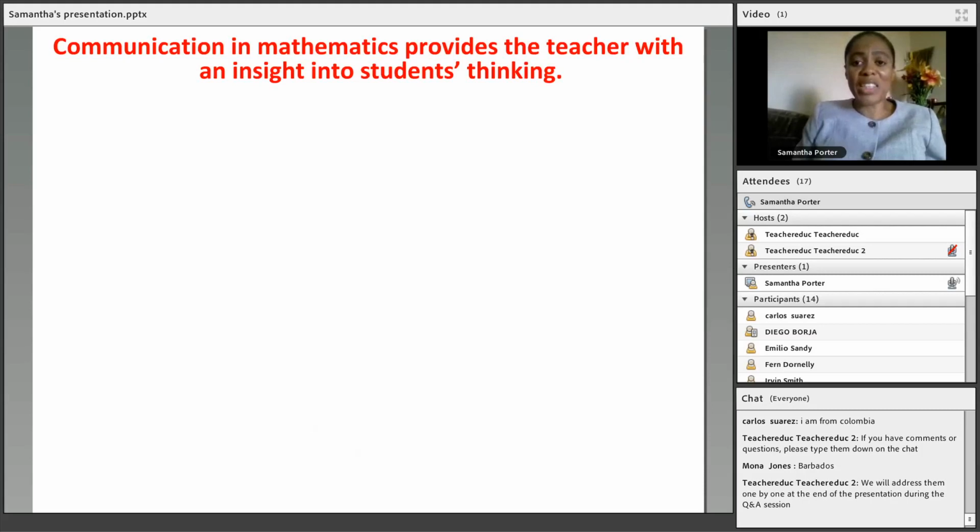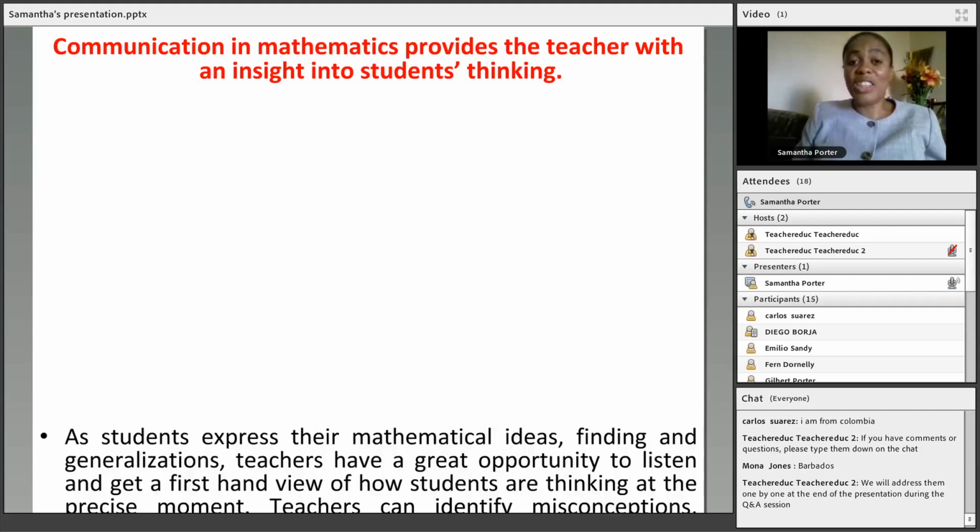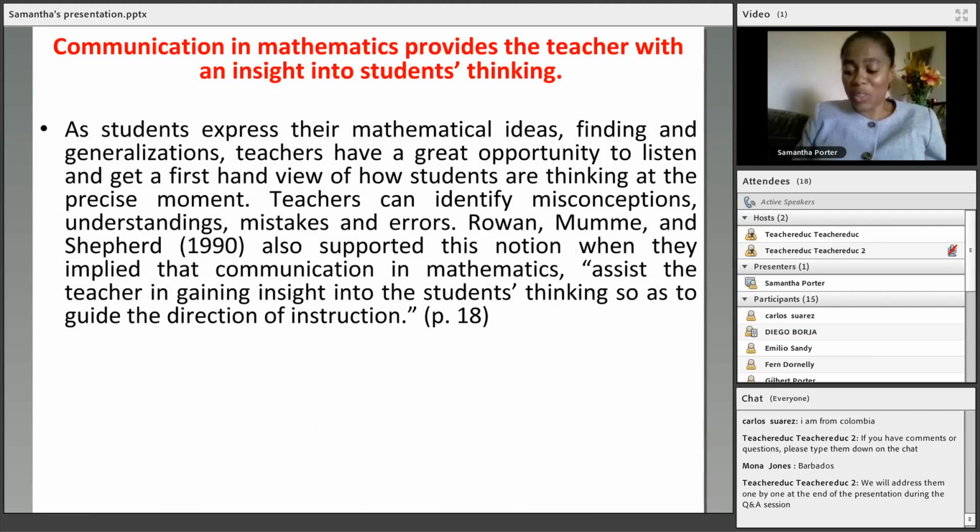Communication in mathematics provides the teacher with an insight into students' learning. As students express their mathematical ideas, findings, and generalizations, teachers have a great opportunity to listen and get a first-hand view of how students are thinking at the precise moment.